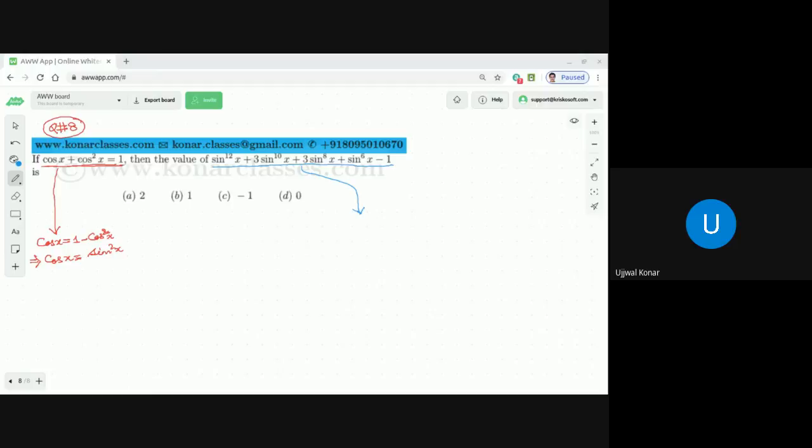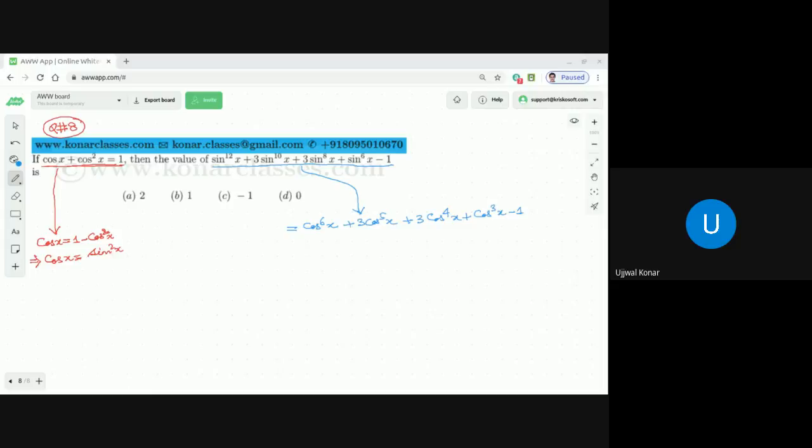So sin to the power 12x should be equal to cos to the power 6x, because sin square x is equal to cos x, no? Plus 3 cos to the power 5x. I hope all of you are able to get it, dear students. Plus 3 cos to the power 4x plus cos cube x minus 1.